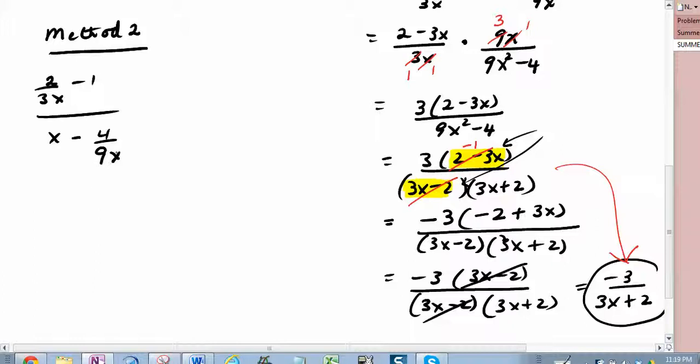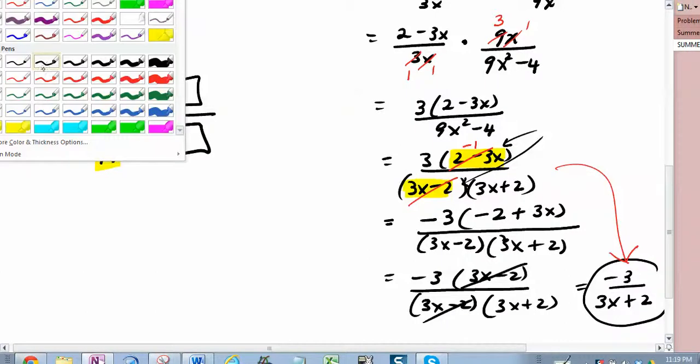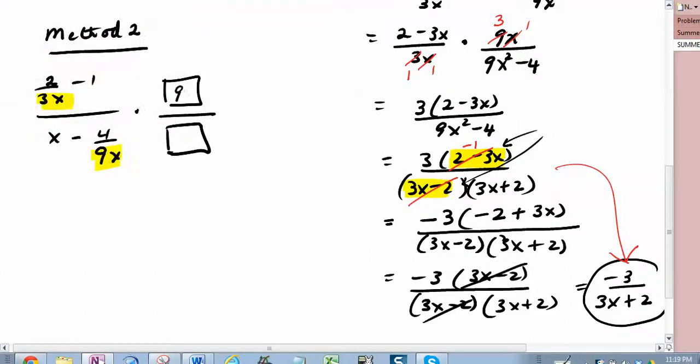I can be very cunning and think to myself, what would get rid of my fractions if I multiplied the numerator and the denominator by the same mystery quantity? What would I have to put in there that would get rid of both the fractions 3x and 9x? And the answer to that is clearly, I hope you see, 9x.